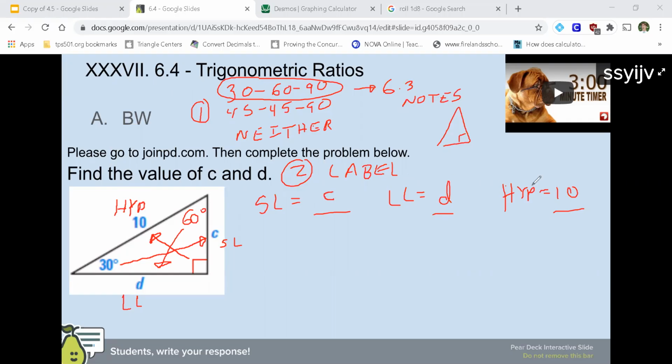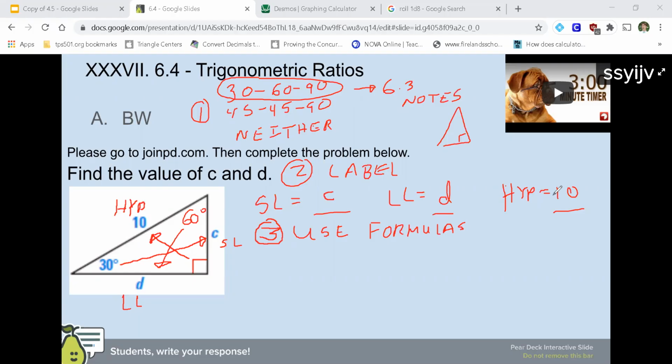Okay, now that I have my labels done properly, my third and final step is to use my formulas, which again, really you could only use if you have those formulas written in your notes. So for this problem, they give me the hypotenuse. So the first formula I would have to use is the one that has hypotenuse in it.